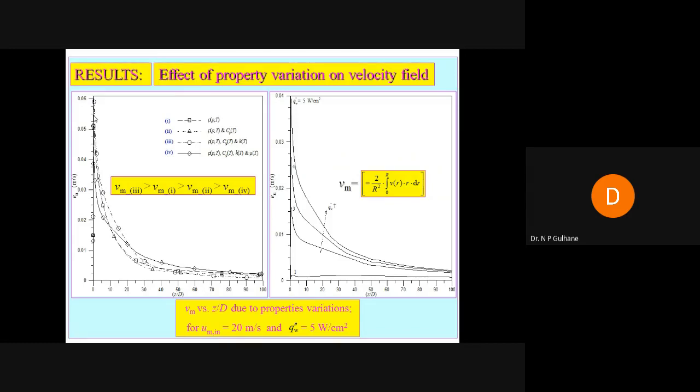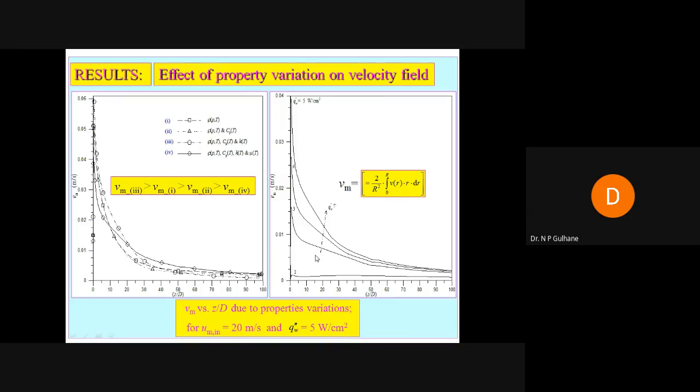So this is the reason why the Nusselt number increases because of all property variation, or only rho Cp or rho K. You can see here 4 different cases. Vm is highest in the third case and it is the lowest in the fourth case. Now Vm is calculated as 2 by r square times the integral from 0 to r of the VR profile into RdR.